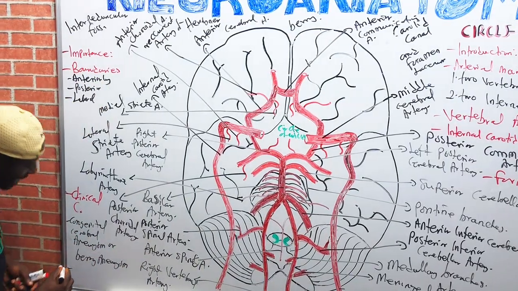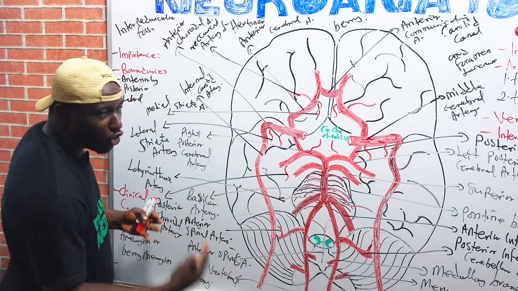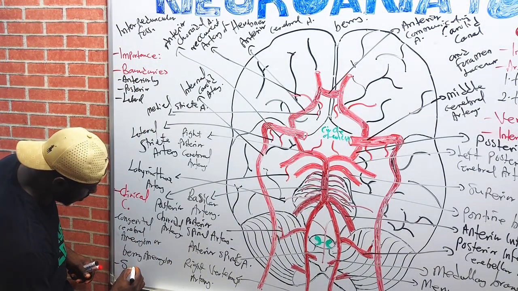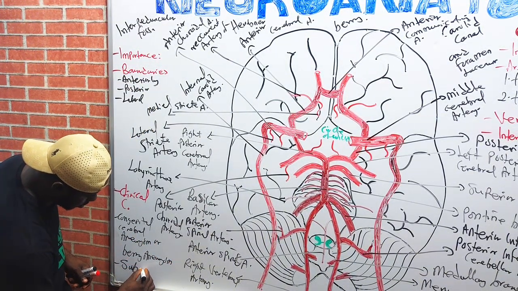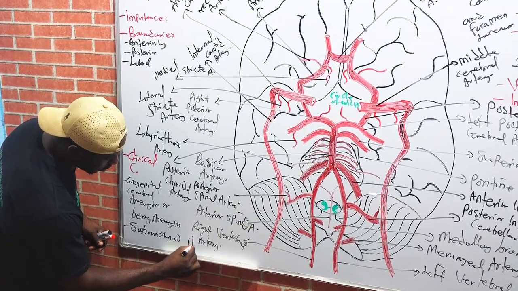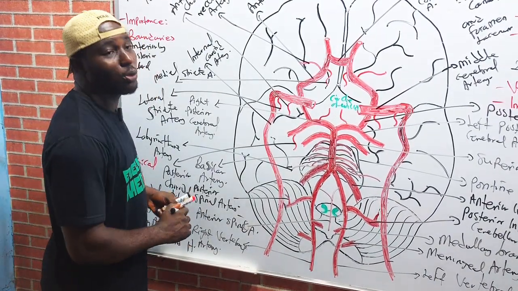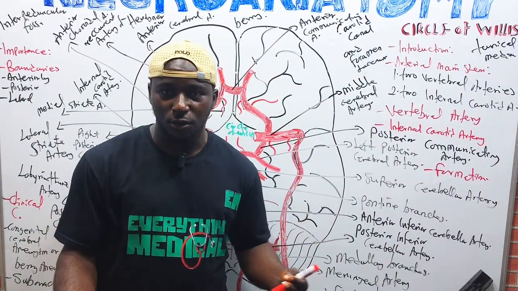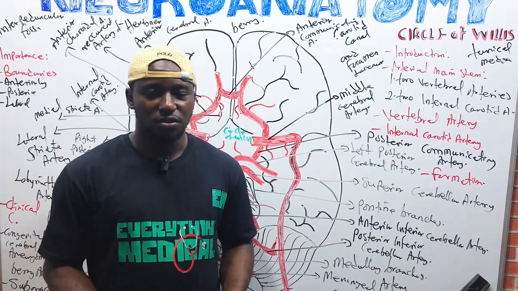The next one is subarachnoid hemorrhage, right? It is a condition whereby the berry aneurysmal blood vessel gets ruptured.